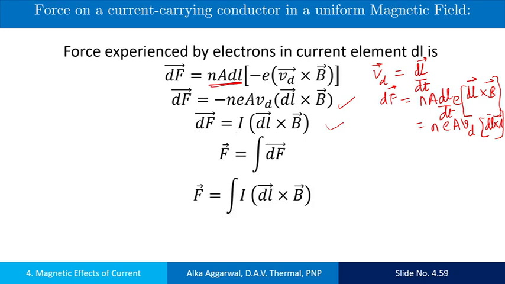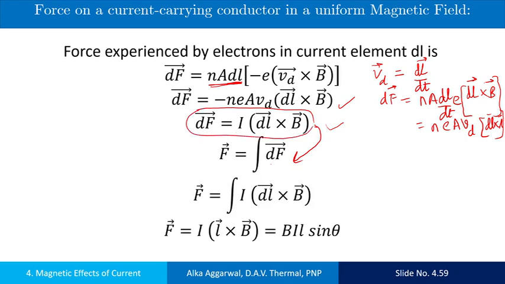Right? Put the value of dF. Just put this value. When we integrate it, this can be written as I, B is integrating dl cross B. As it is for the complete length, so this can be written in this way.